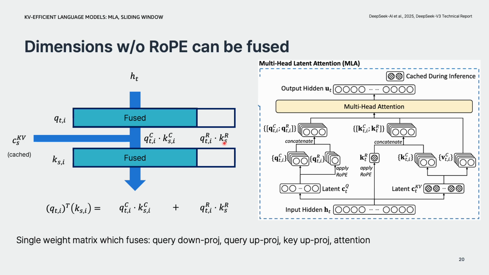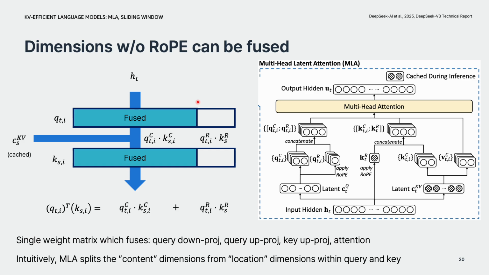Of course, for the query and key dimensions where RoPE is applied, there's no fusion trick. We have to do all the calculations step by step. But as you can see in the MLA configurations, this non-RoPE dimension is much, much larger than the RoPE dimension. So this very much accelerates the MLA process.